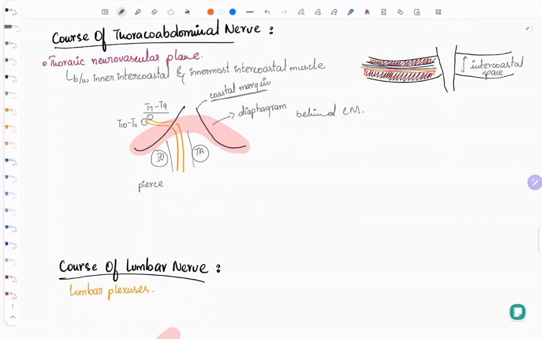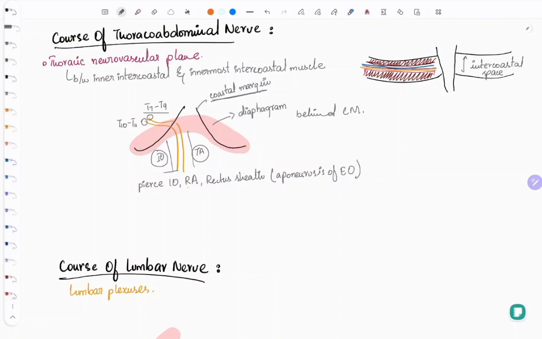abdominis. These nerves then pierce the internal oblique, rectus abdominis, and the rectus sheath, which is formed by the aponeurosis of the external oblique. After extending between the internal oblique and transverse abdominis, they pierce the internal oblique.